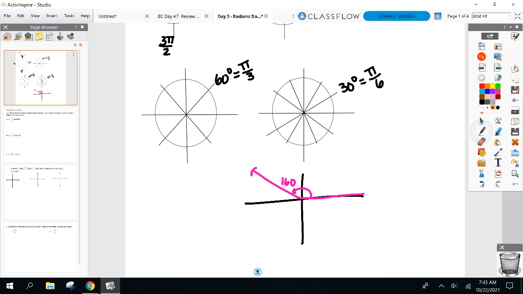Which would be what? Anybody? Thought you said you felt comfortable. 20. Yep. Here's what I'm going to do today. I'll give you the reference angle and the quadrant, and you give me the angle. So I'm going backwards: I'll give you the reference angle in the quadrant, and you tell me what must have been the original angle to begin with. All right, let's roll.